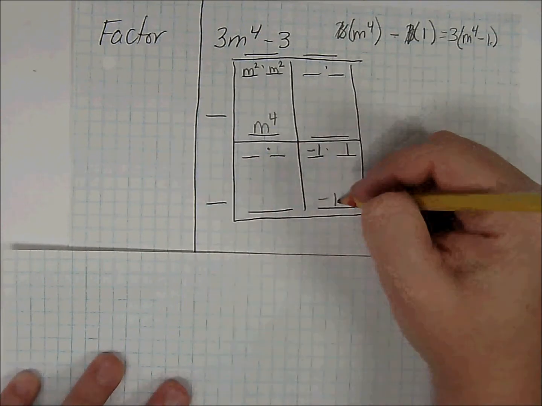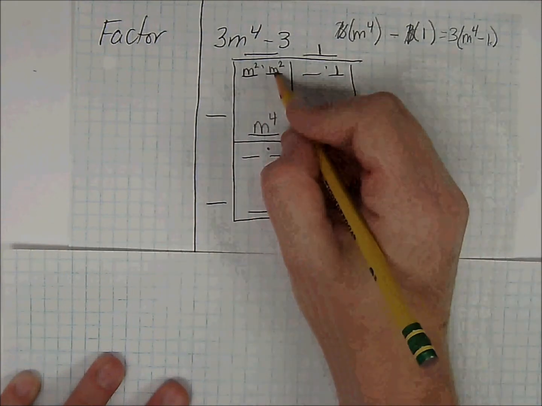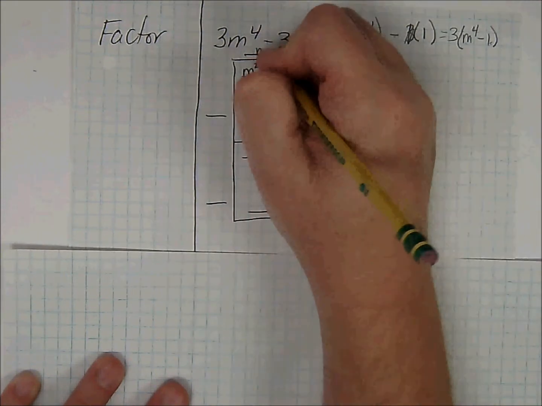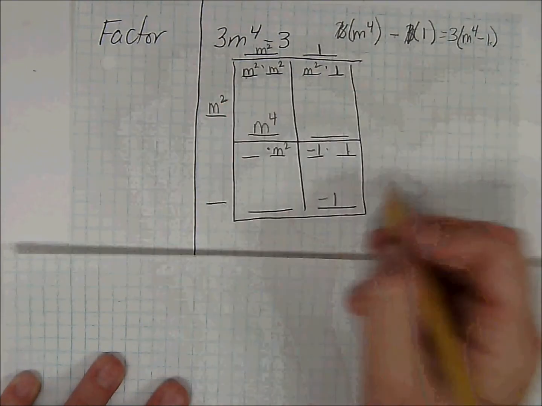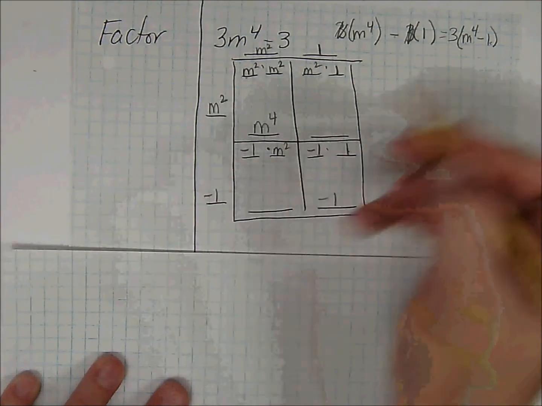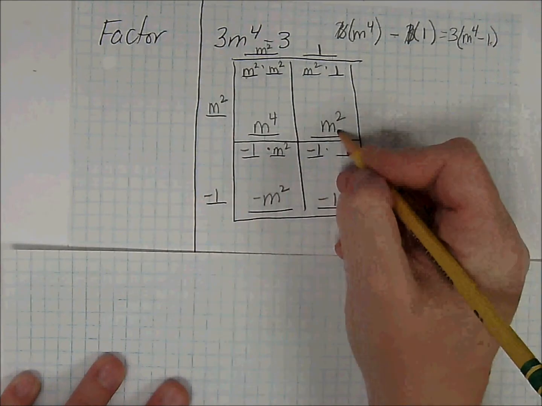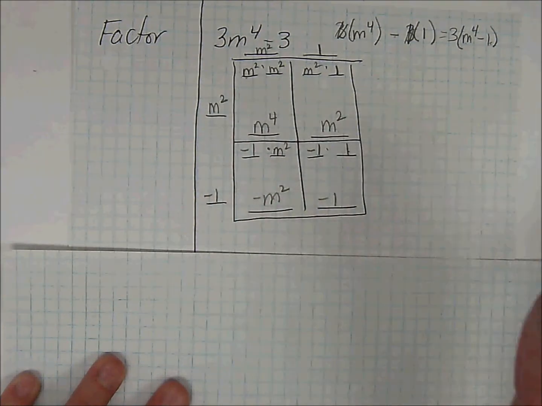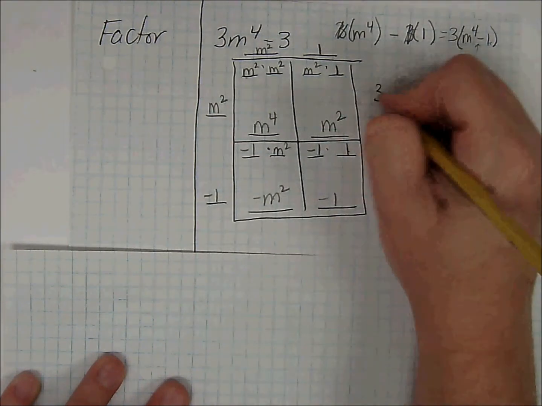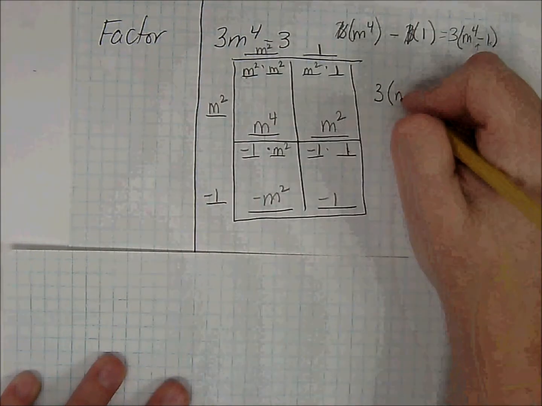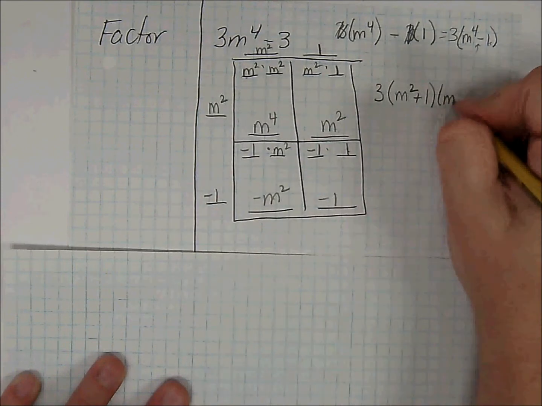So if I go up here, 1 and 1, I go down here, m squared, and m squared and negative 1, and I see, well, this gives me m squared, this gives me negative m squared, 1's positive, 1's negative, I subtract, 1 minus 1 is 0, and there is no middle number there. So I must be on the right track. 3 times, and I have m squared plus 1 and m squared minus 1.